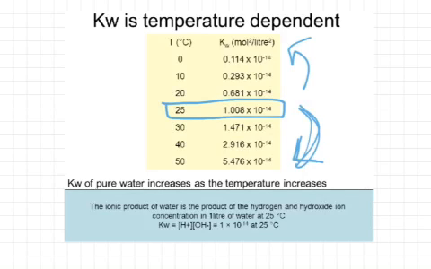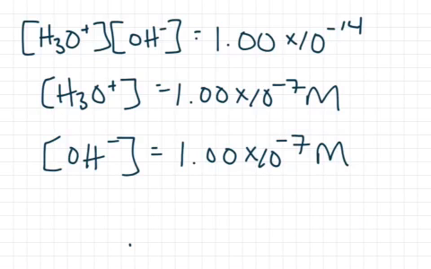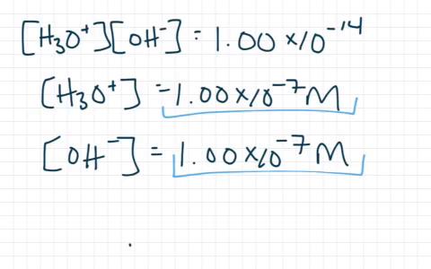But the important thing to remember is really just that 25-degree number. At 25 degrees, Kw is 1 times 10 to the negative 14, which means the concentration of hydronium and the concentration of hydroxide are each 1 times 10 to the negative 7.